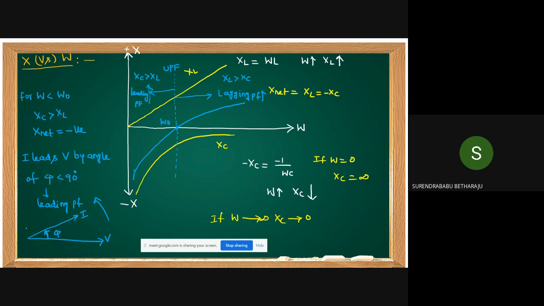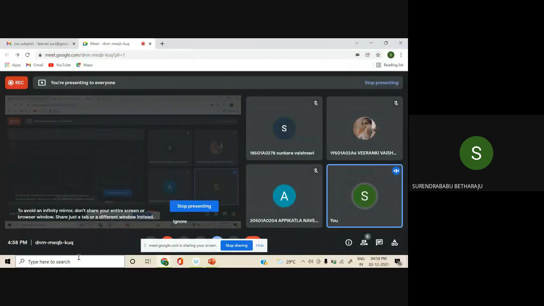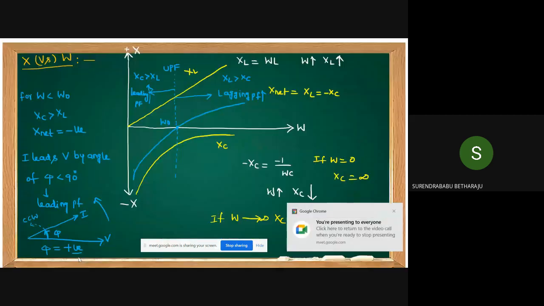If the angle is measured in the anti-clockwise direction, you take that angle as positive. That's why for omega less than omega naught, this angle is positive.